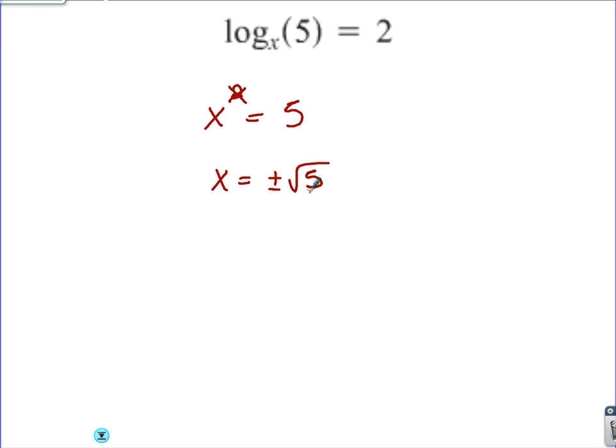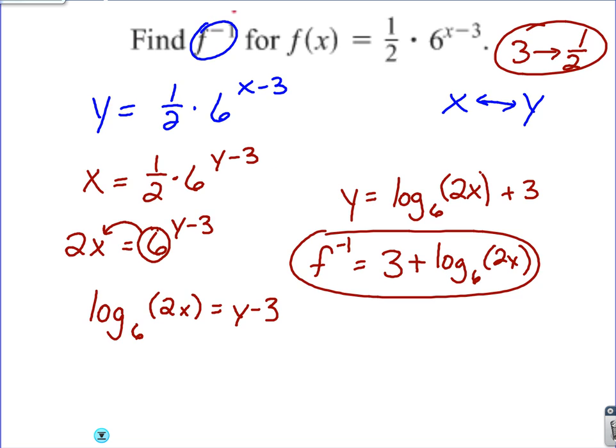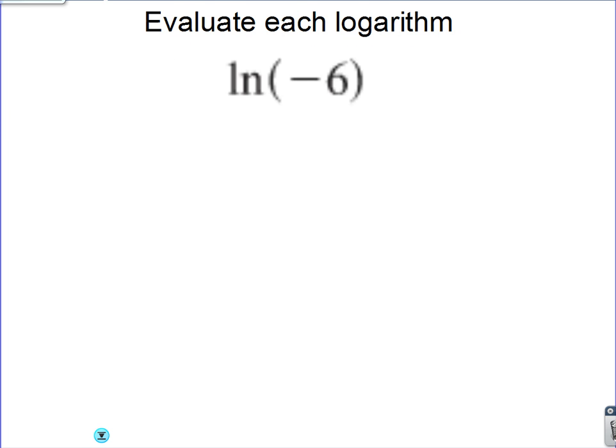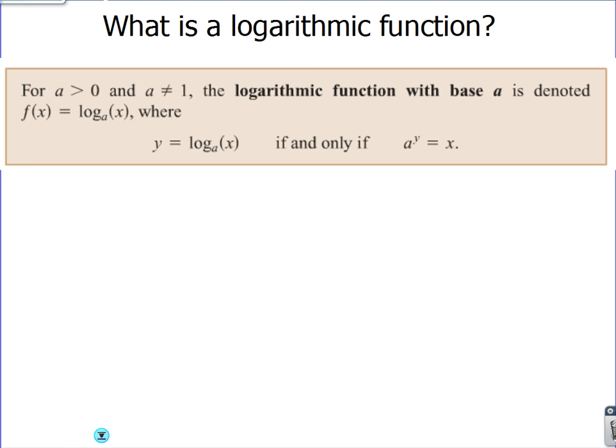I don't know if you remember, though, the base of a logarithm will always be positive. You're not going to have a negative base. Let me scroll back and see if I can find that slide again. That's a good while back. Right there: a greater than 0, and the a was the base, so your a will always be bigger than 0.